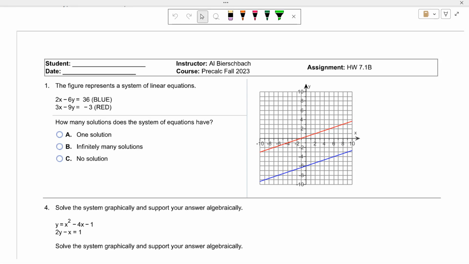So in this first one, looking at this, what does it look like it has? No solution. When you have parallel lines, you have no solution.